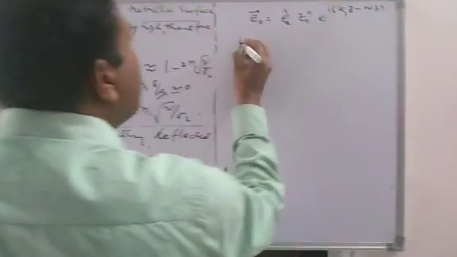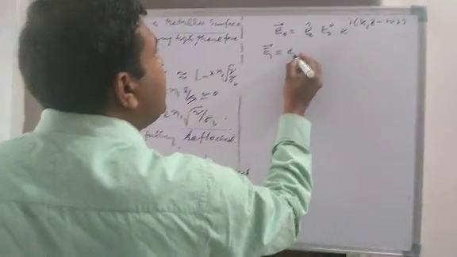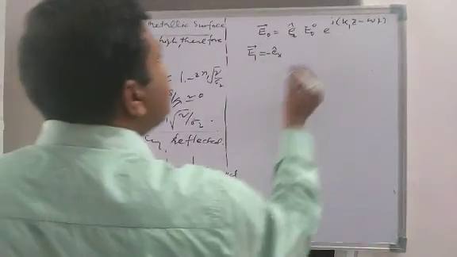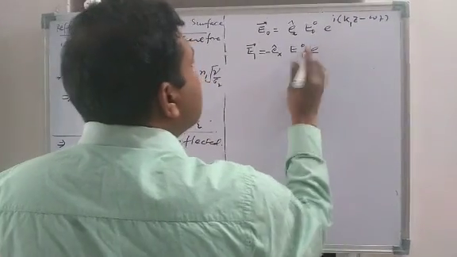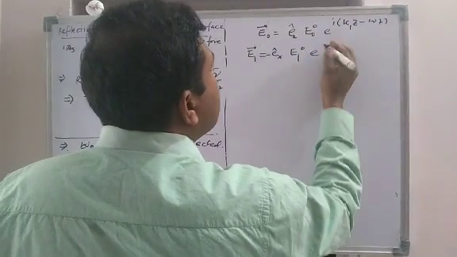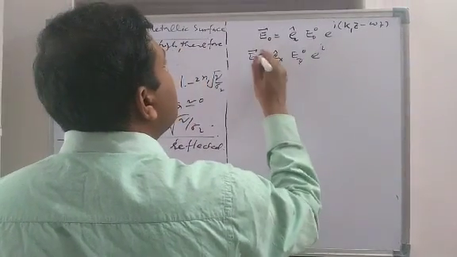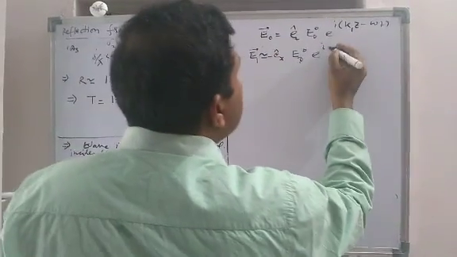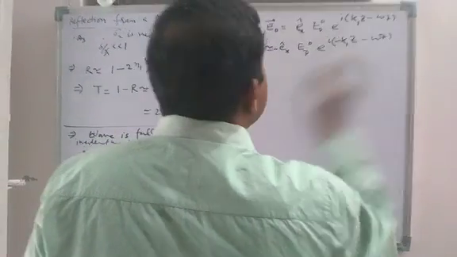So that's what we had taken before. So therefore E1 is going to be Ex naught. Of course we will have a negative sign. E naught naught naught, that's going to be E1 naught. So this is going to be E1, and in fact this is also approximately equal to E1 naught e to the power i minus k1z minus omega t.